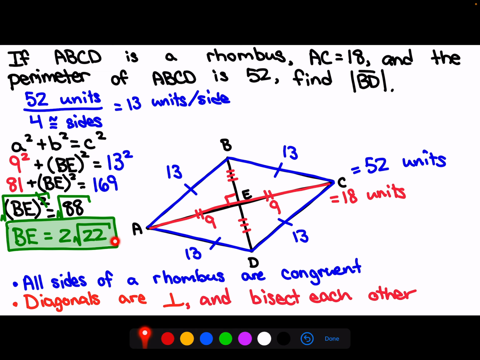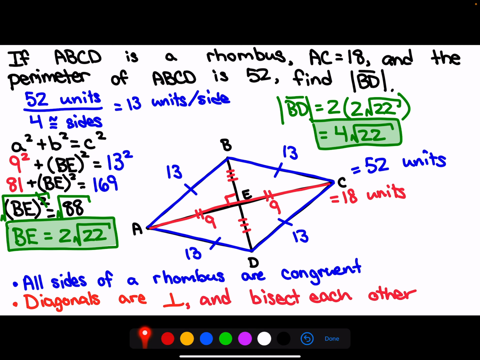I encourage you guys to work on simplifying radicals if possible, but it's fine if you do leave it as a decimal. Now, from here, if I have this length of 2 radical 22, I want to find out the full thing. I just need to double it. So 2 radical 22 times 2 will give us 4 radical 22. That is the total length of B to D.